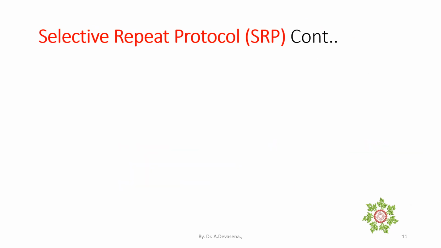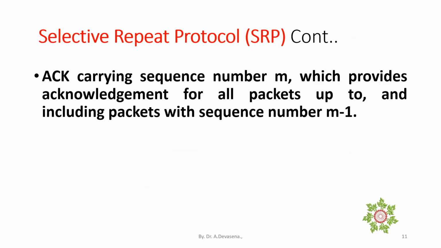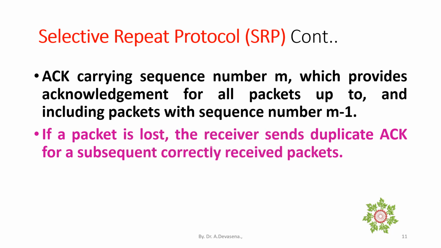ACK carries sequence number M, which provides acknowledgement for all packets up to and including the packet with sequence number M-1. If a packet is lost, the receiver sends a duplicate ACK for subsequent correctly received packets.